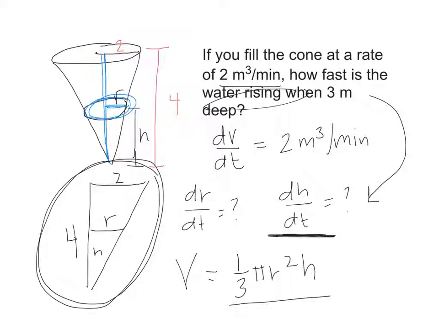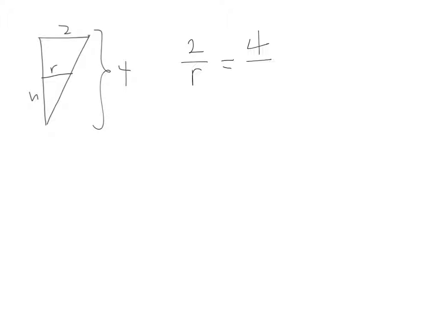So let me flip to another screen. We draw that triangle for perspective purposes. To draw that, remember, in class I did it big to little. So it would be 2 goes to R as 4 goes to H, which makes 2H equals 4R.